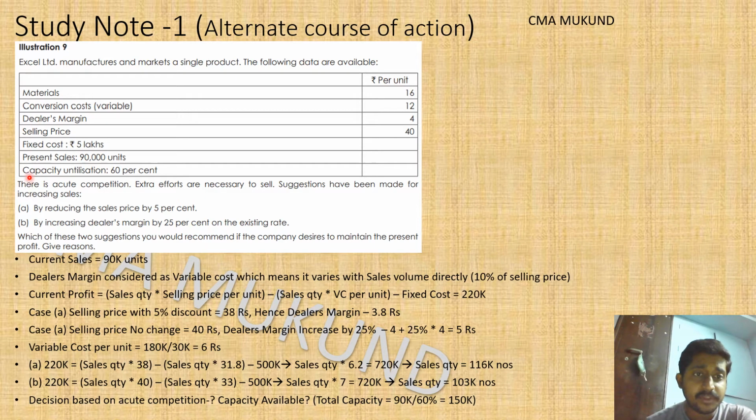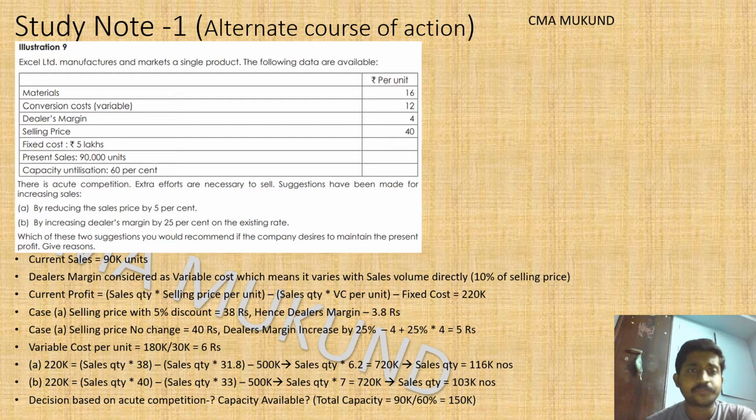There may be some information which looks like it is lying idle, but it may add more value. Though our book is silent about this information, it is very important, and there may be a typo in the question paper, because of which this 60% may be printed as 90 or 95 percent. In that case you cannot produce 116k, I think. So you can do the math behind it.